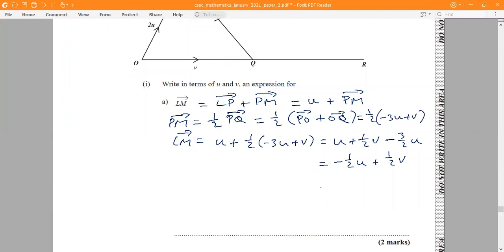We can also simplify it by taking out the 1/2 and having V minus U, and this will be LM.